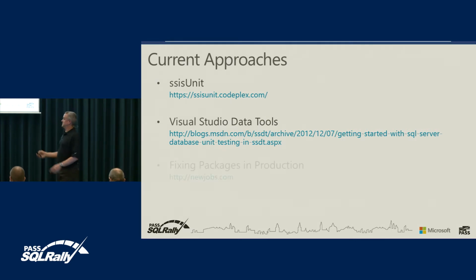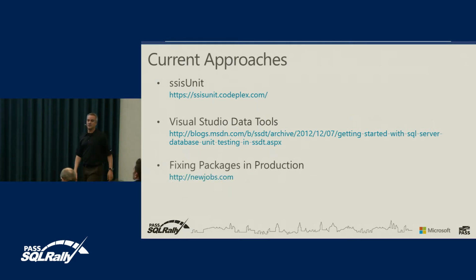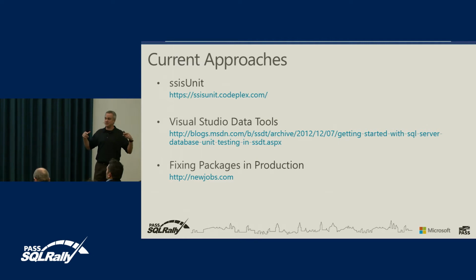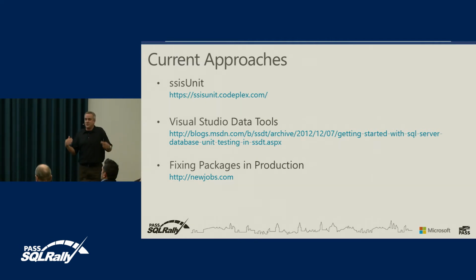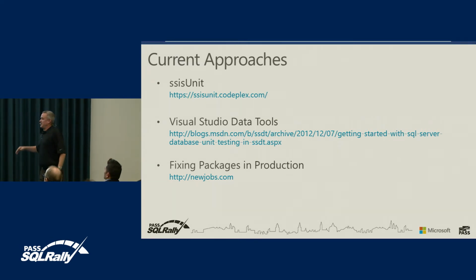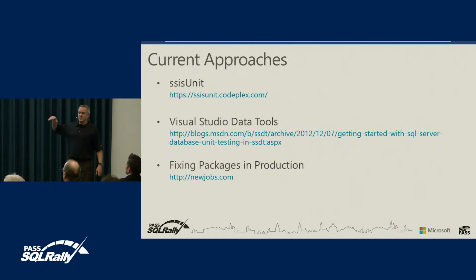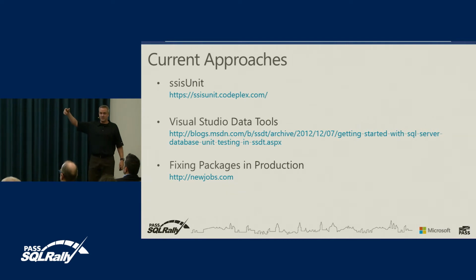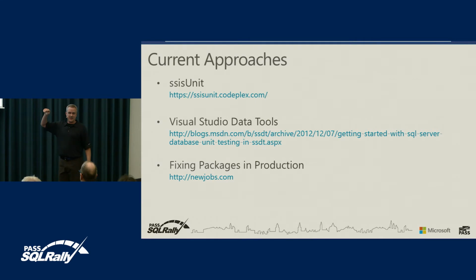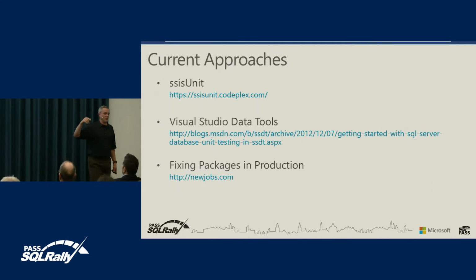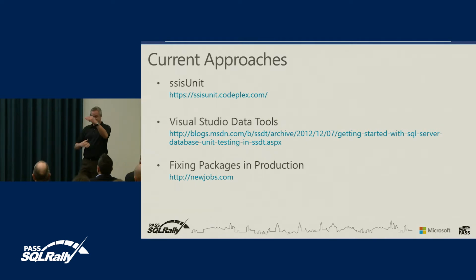But then, of course, everybody does this, right? We test our packages, and that's when they break and we have to go fix them in production. But that's what we're trying to get away from, right? We want to do some testing within our environment so that we don't have to worry about them breaking in production. Of the people that build Integration Services packages, is there anybody testing them in an automated fashion? I've had spreadsheets where I go through and check each package for these items, and most of it's manual.